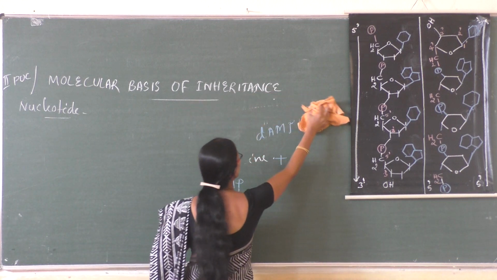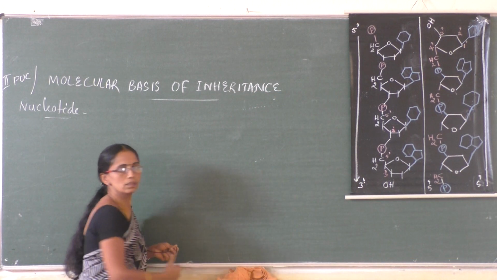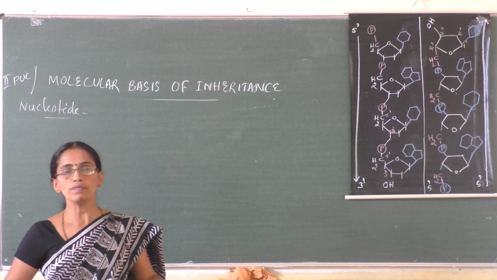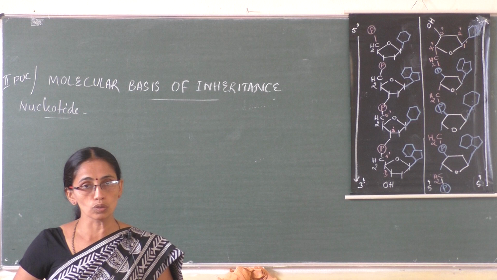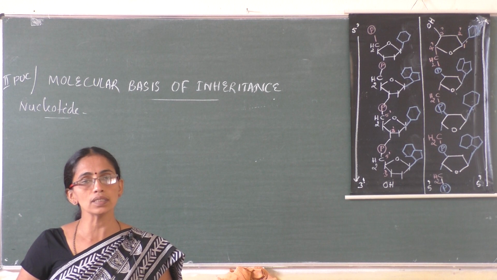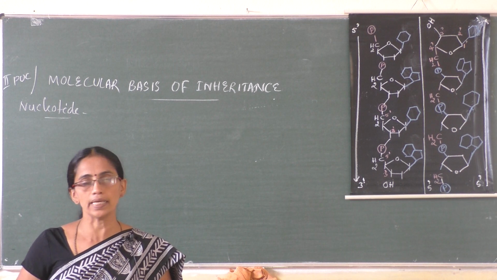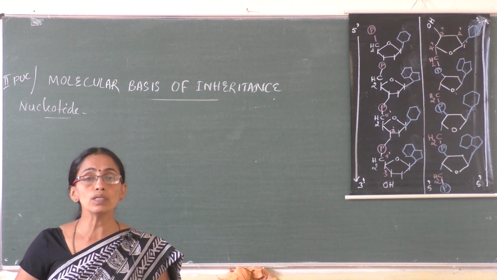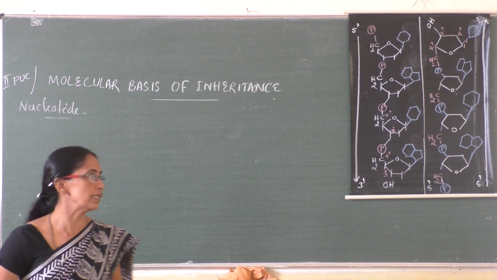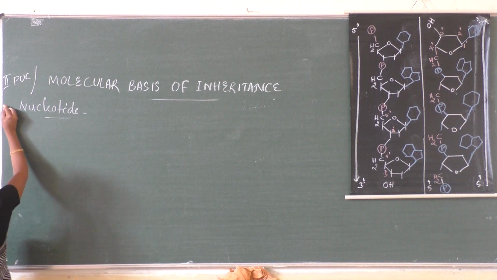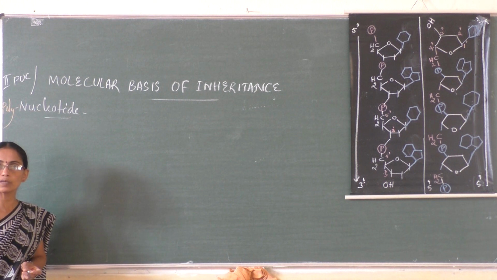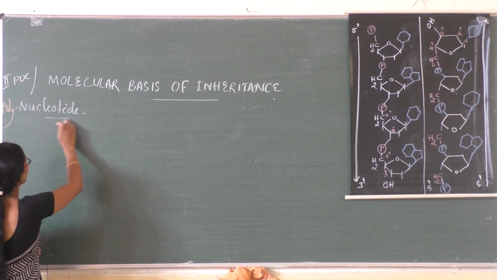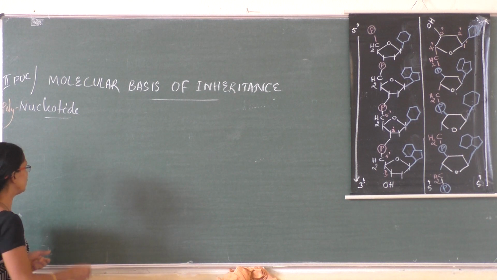Now we studied that a nucleic acid is a polymer of nucleotides. Means what? Several nucleotides. Nucleotides are the basic units of a DNA molecule. So several nucleotides joined together is what we now call a polynucleotide.